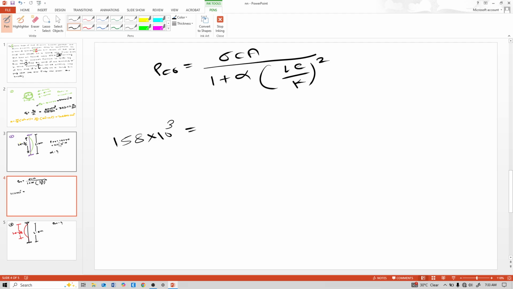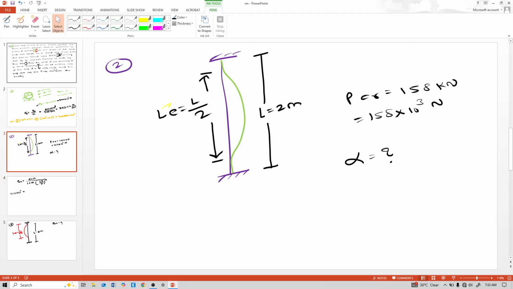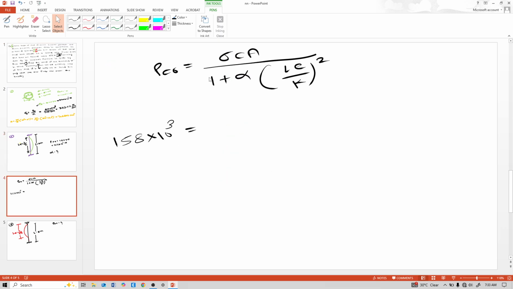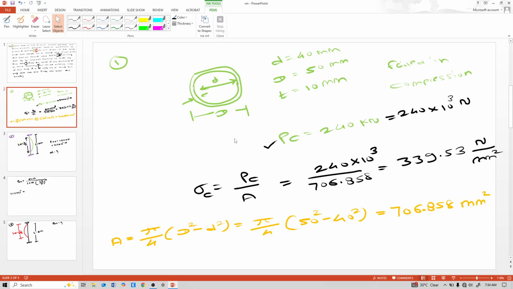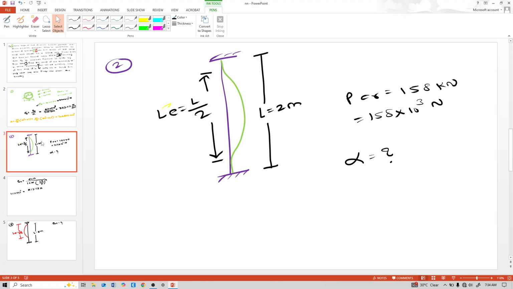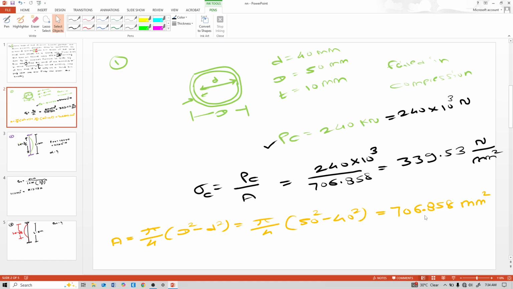And this sigma c is that, they told us to assume that sigma c in Rankine's formula is given by the first step. So this is Rankine formula, this is sigma c in Rankine's formula, and sigma c in this first step is 339.53. Now area is 706.858.